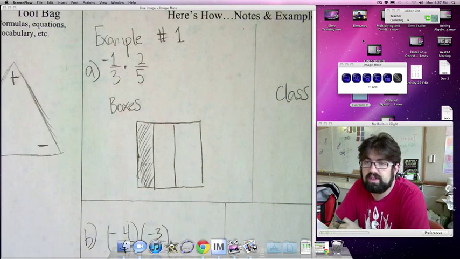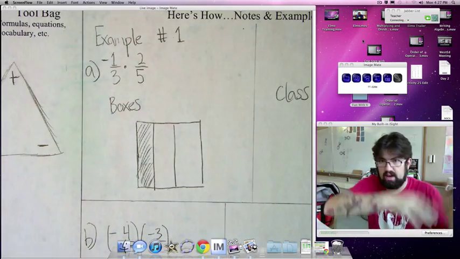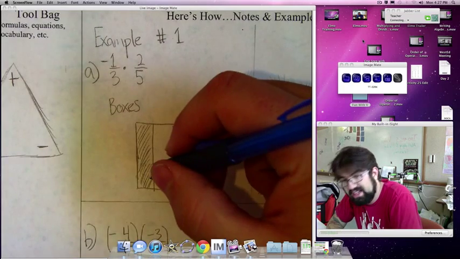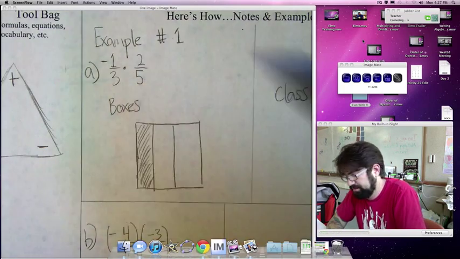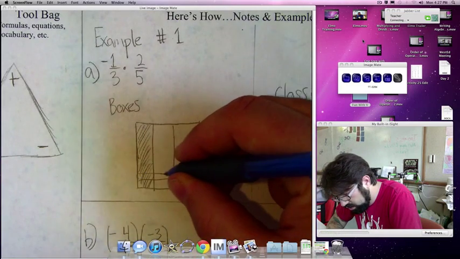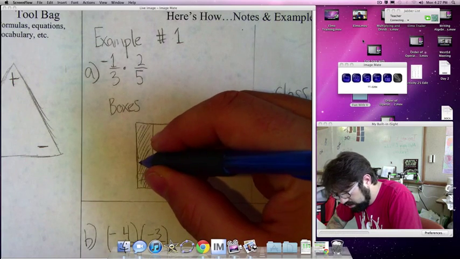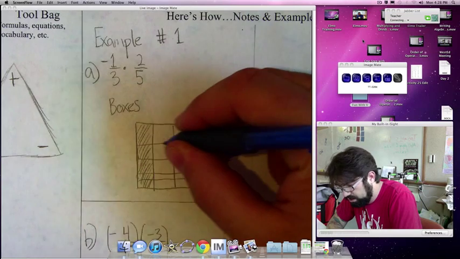Next, I'm going to look at the 2/5. Now this is with rows; the columns are up and down. I'm going to break it into 5 because that is the denominator I have right here. 1, 2, oh, I'm making it kind of narrow, 3, 4, and 5.